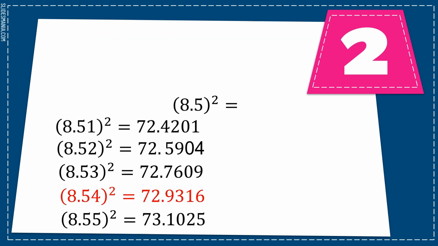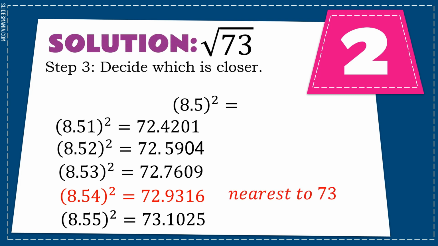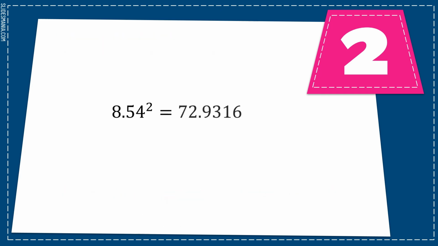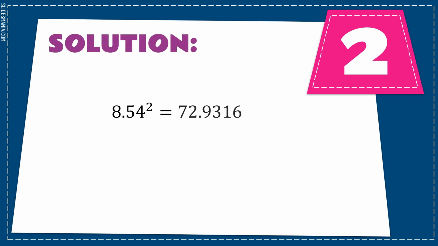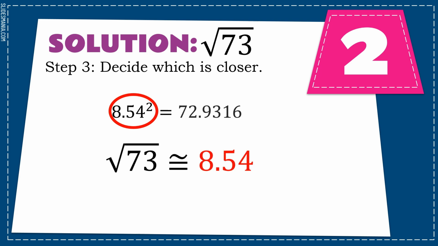Correct. 72.9316 is closer as compared to 73.102. Therefore, the estimated square root of 73 is 8.54.